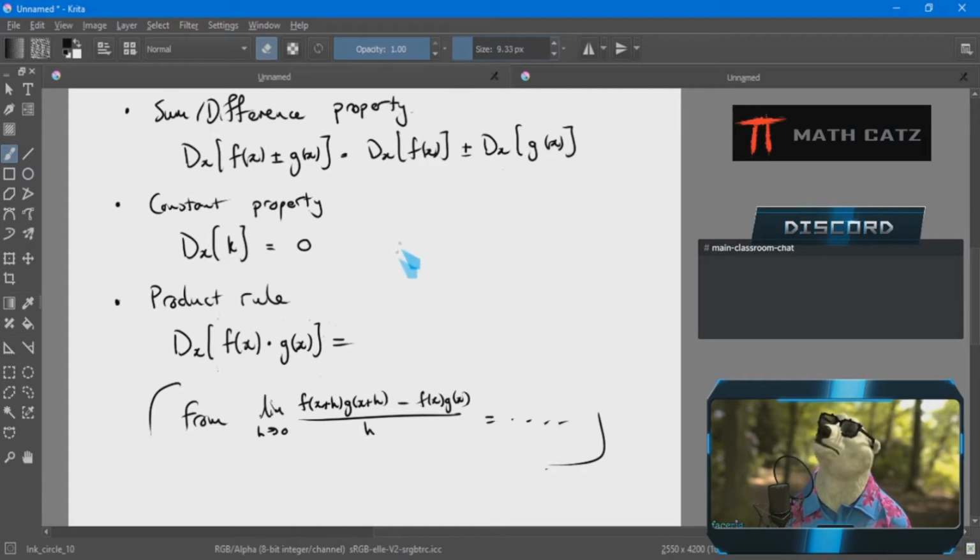Only a little, not a lot. So what is it? I'm going to write it in a version that you might see in the book. It's a little nicer to look at it this way, I think, with prime notation. It is the derivative of the first times the second plus the first times the derivative of the second.